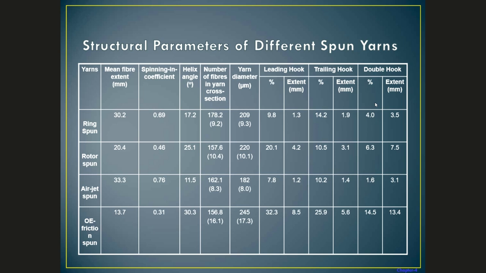So here what we are concluding is that this air jet yarn definitely shows the highest spinning coefficient, because it is being supported by the leading hooks, hook extent and percentage of hooks, leading, trailing as well as double hook, both sides of hooks.